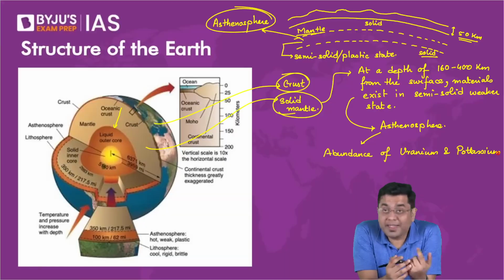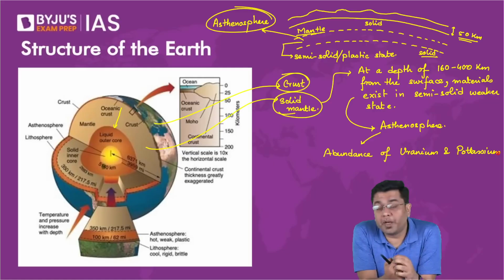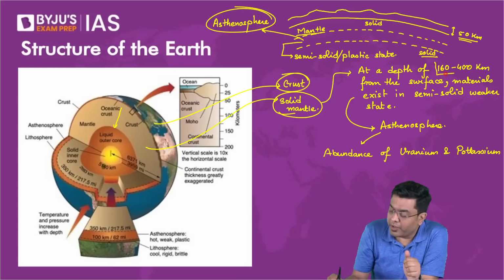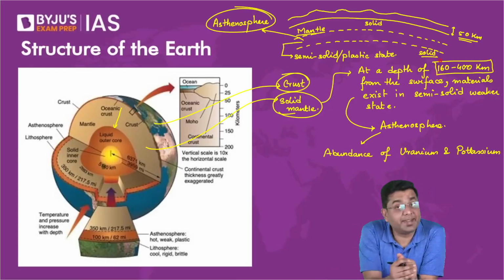Understand, already the temperature, as you go every kilometer into the depth, keeps on increasing, sometimes by 20 degrees Celsius per kilometer, sometimes by 25 degrees Celsius per kilometer. So already by the time that you are at a depth of 160 to 400 kilometers, the temperature is significantly high.